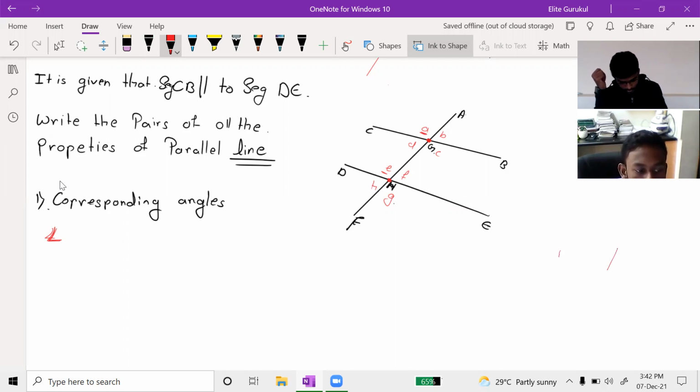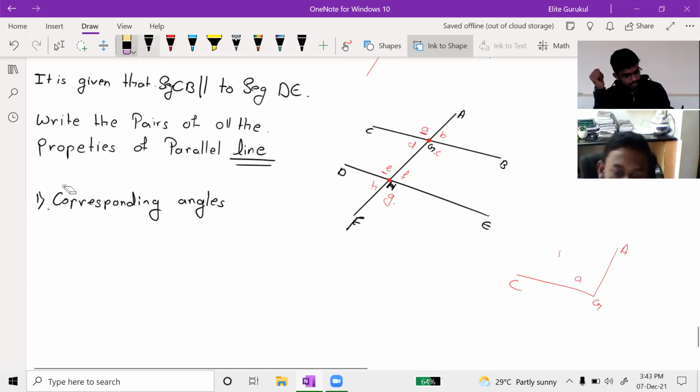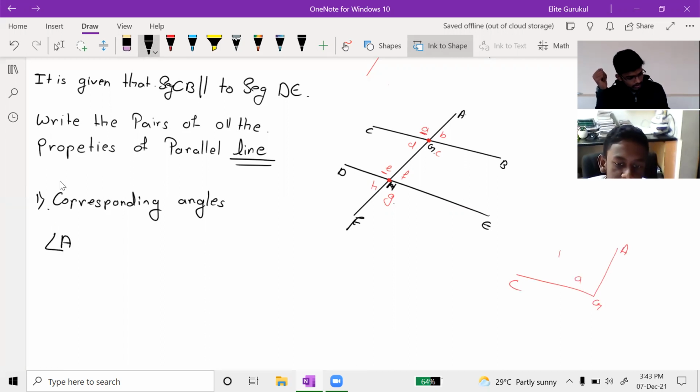If this is your angle A, your name will be A, G, C. So angle AGC will be equal to which angle? Will be equal to angle GHD. Yes or no?